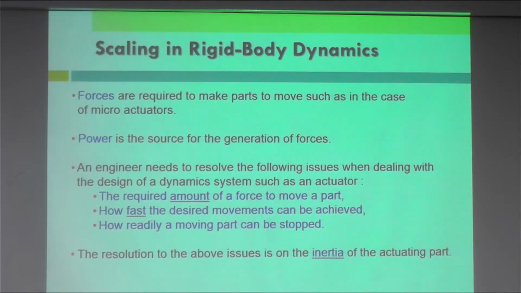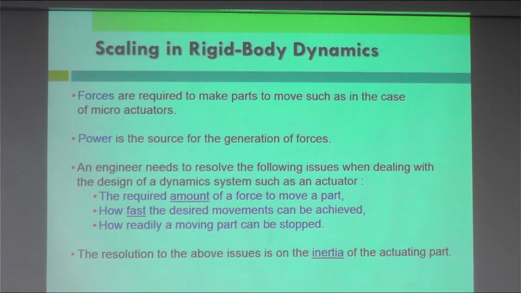I think I've shown this in the previous slide, where we tried to calculate or predict the force that can be exerted by a certain actuator, in particular a piezoelectric actuator, and we have to calculate or predict the required force to overcome certain stiffness or the spring stiffness.